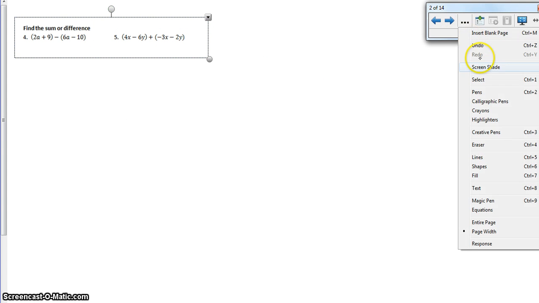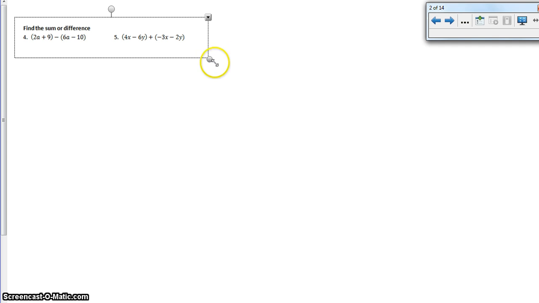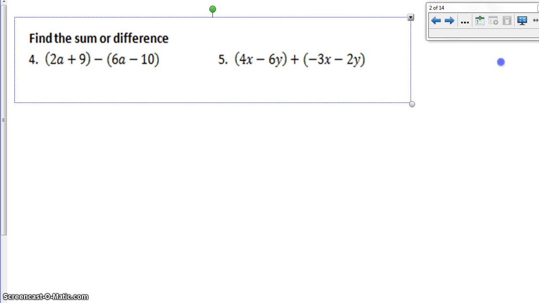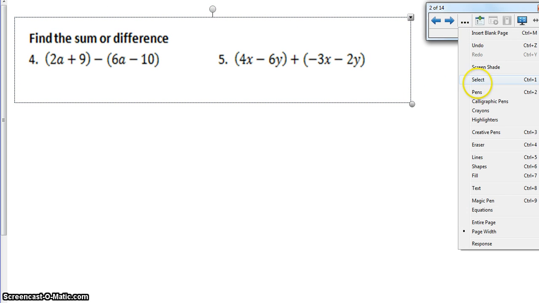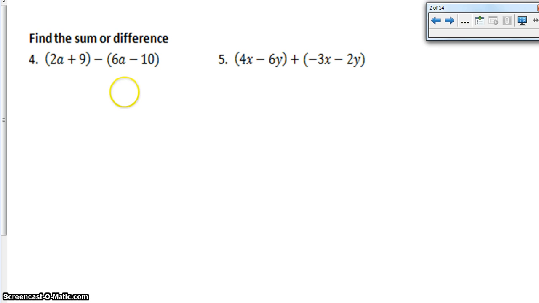Now let's talk about sums and differences. Remember that Mrs. Rose likes to use the vertical method, and so when she uses the vertical method on this one, it's the sum of 2a and 9. This says take the opposite of when you're combining.